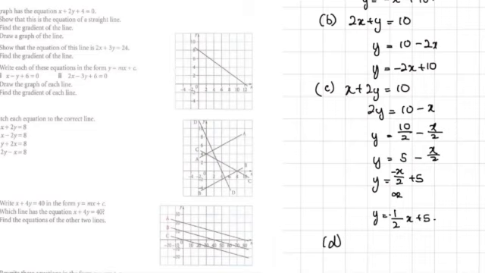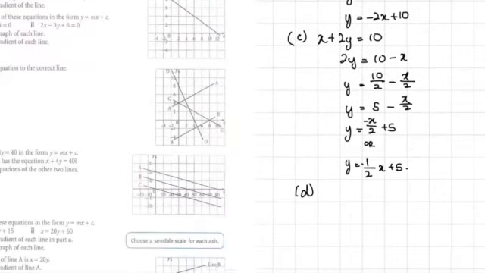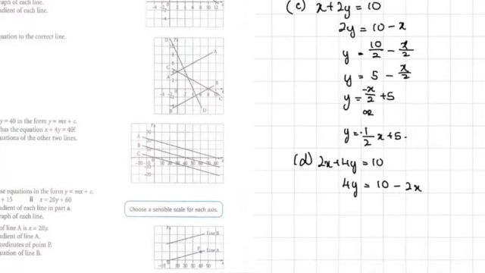Okay, D. 2x + 4y = 10. So do it slow and steady, one action at a time, so that you don't get confused.